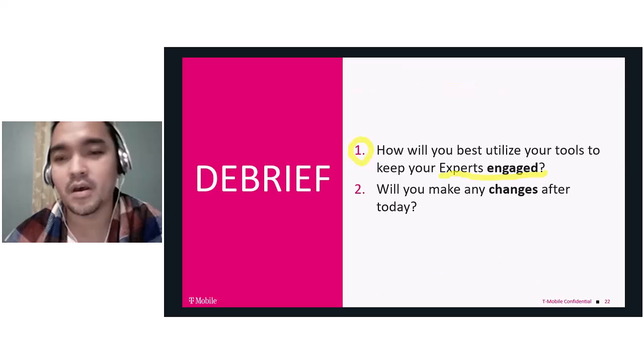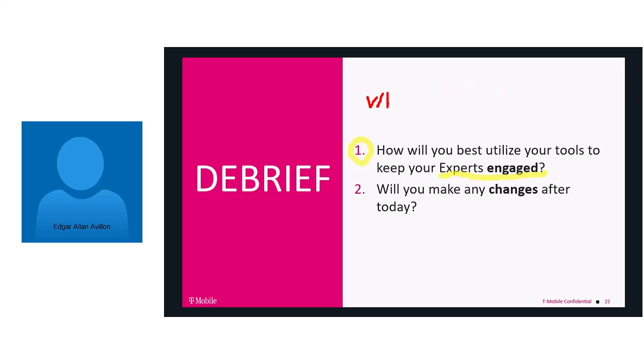Well, I'll make use of the video call for Skype. And if there is something to share that needs to be shared to the expert, then we'll utilize that as well.